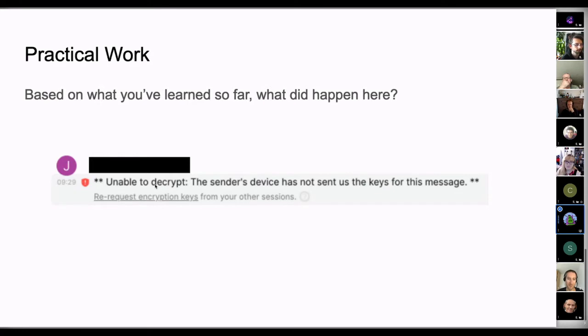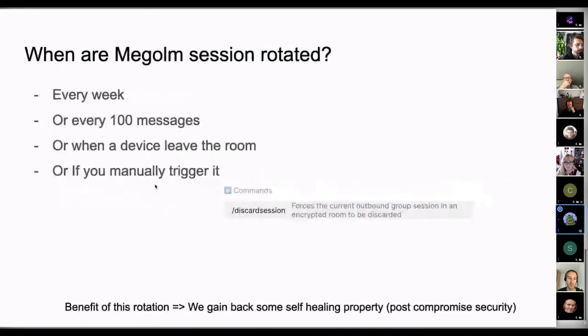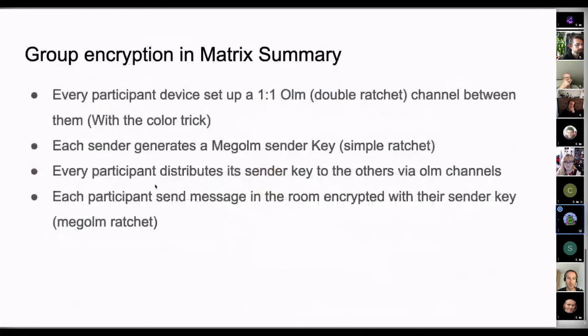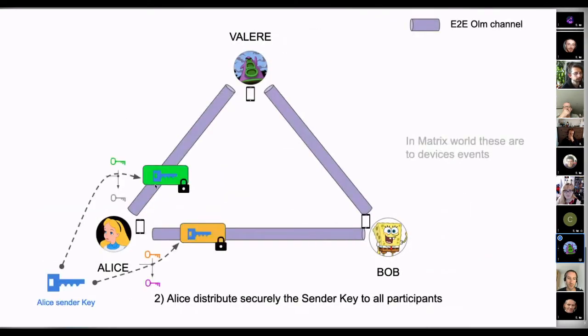So he sent it to the room, but he was supposed previously to send us that sender key. So the issue is that we didn't receive the sender key. So if I go back here, G sent the message, but it didn't send me the key previously. So therefore I cannot read it.